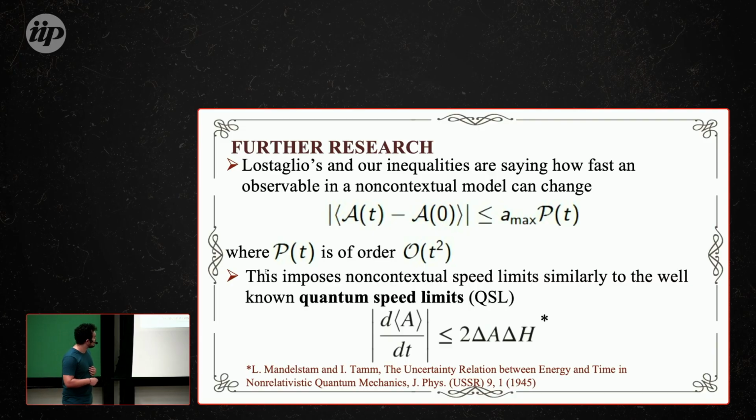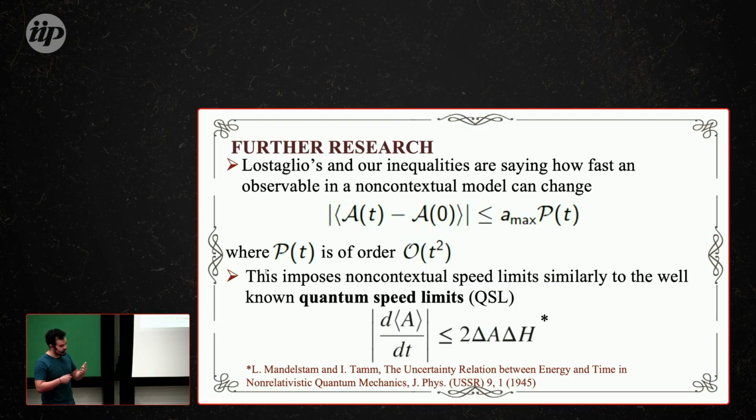In quantum mechanics we have a nice relation between the change of some observable and the variance of a Hamiltonian. It makes sense because if you want to change some observable, your state is going to get out of an eigenvector of the Hamiltonian if it starts in an eigenvector.